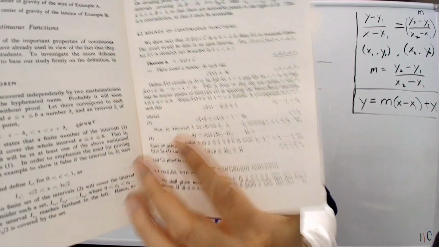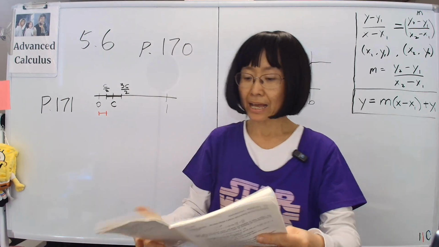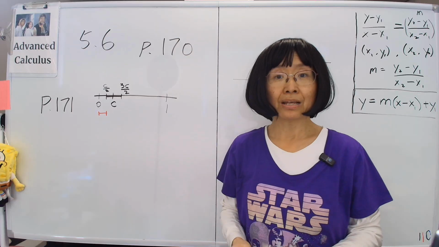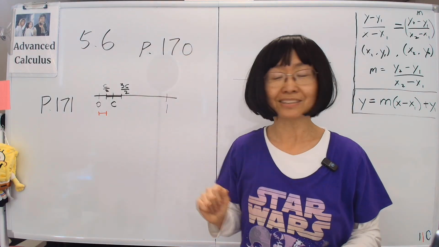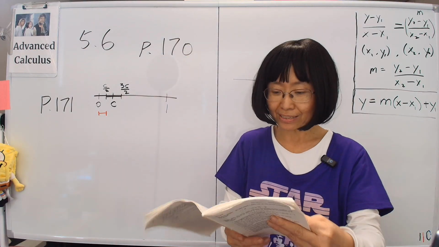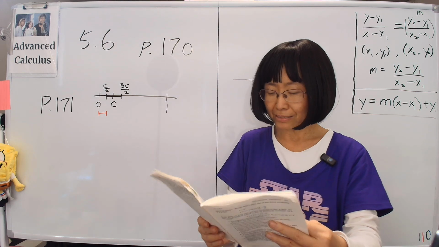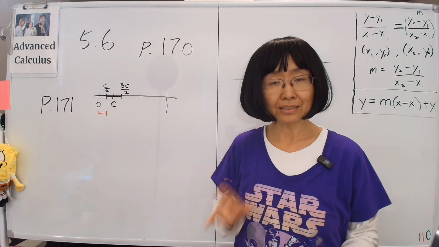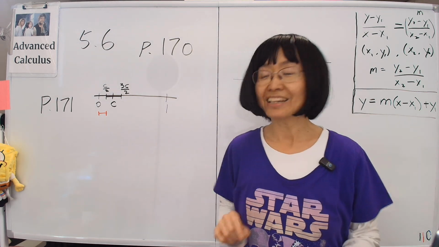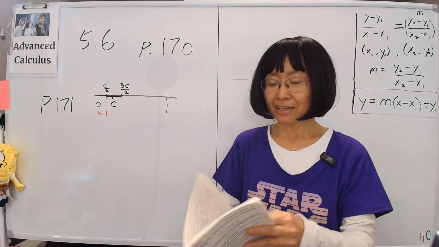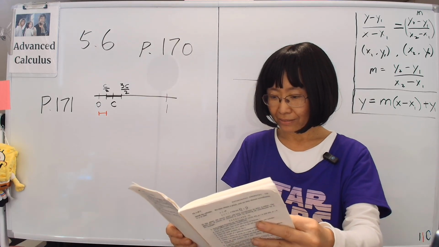For each c, we can do this because f is continuous, and as a result, we have a collection of covers. It might be infinite, it might be finite. We don't know, but it doesn't matter. Actually, it is infinite because we're doing this for each c in the interval from a to b.